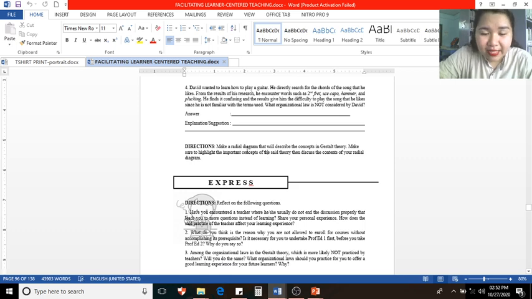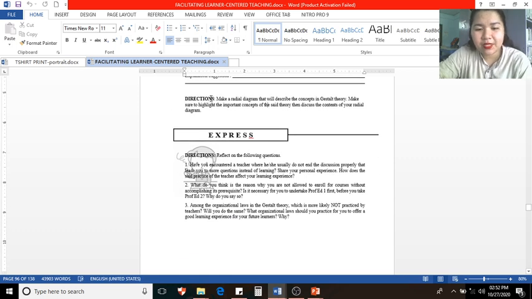Okay. Then, after which, sabi dito, you're also to make a radial diagram that will describe the concepts in Gestalt Theory. So, make sure to highlight the important concepts of the Gestalt Theory, then discuss the contents of your radial diagram. I guess you already know how to make a radial diagram.